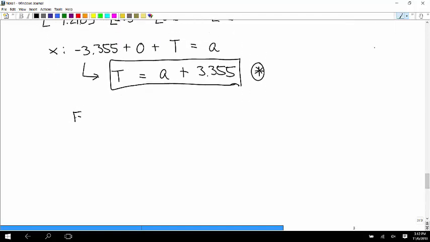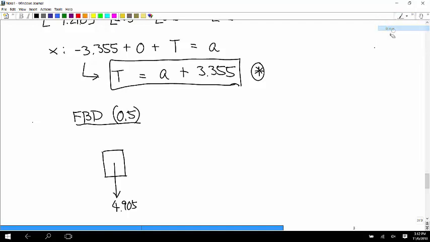And now I'll do a free body diagram of the hanging mass. There's a weight force of 4.905. The cable's pulling up on it, so we have that same force T, but up.